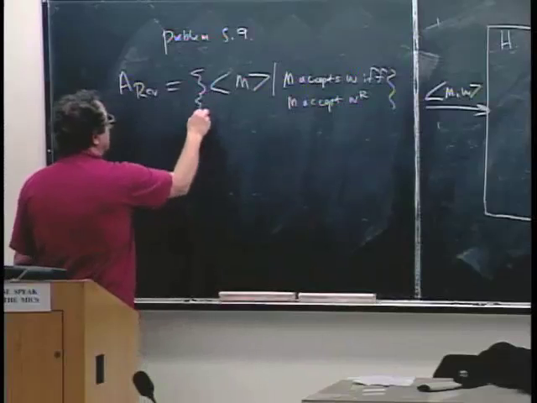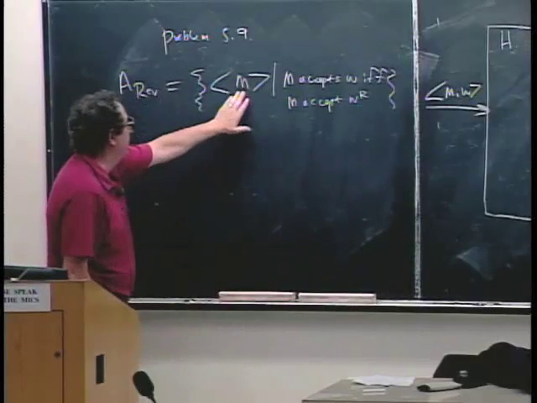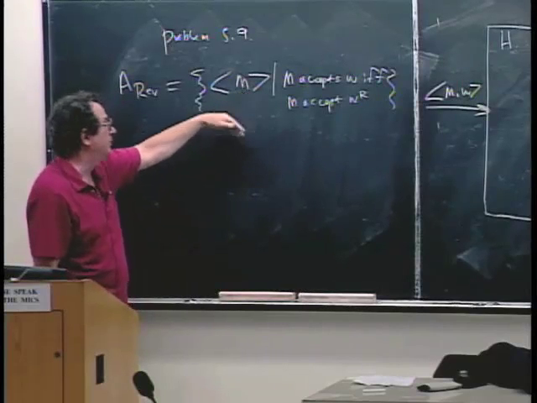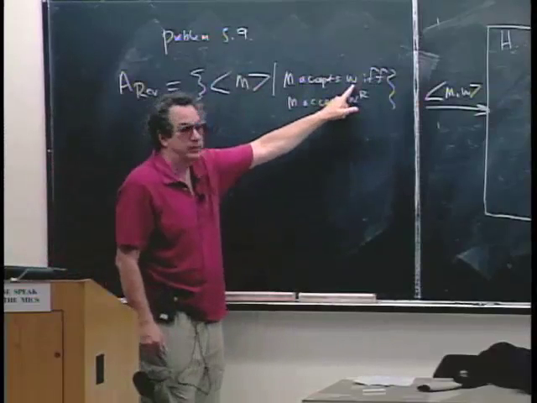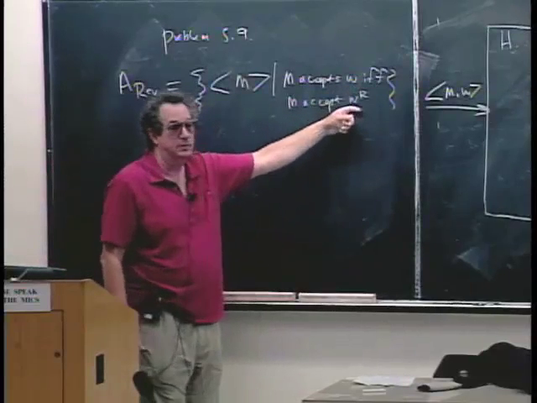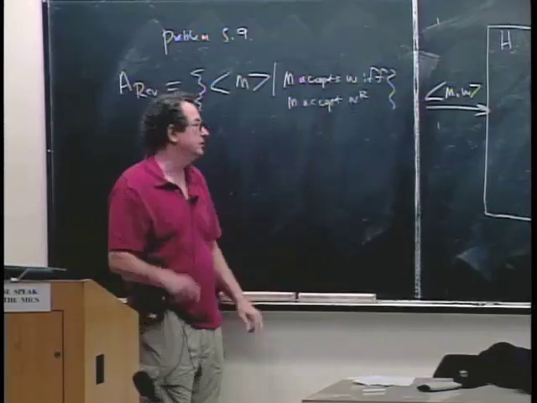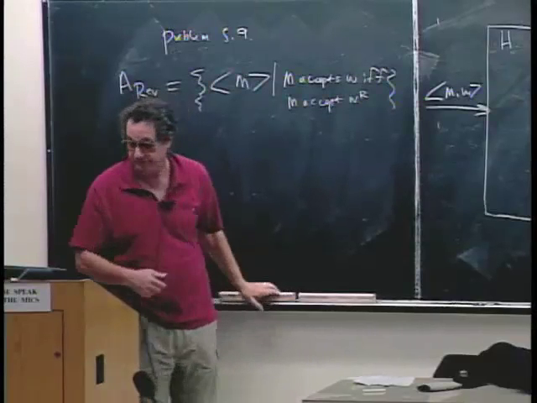Okay. So this is saying that M is a Turing machine, and we want to know, does it have the behavior that whenever it accepts a string W, it accepts W reverse. And of course that's symmetric because the reverse of a string, the reverse of reverse is the string itself.